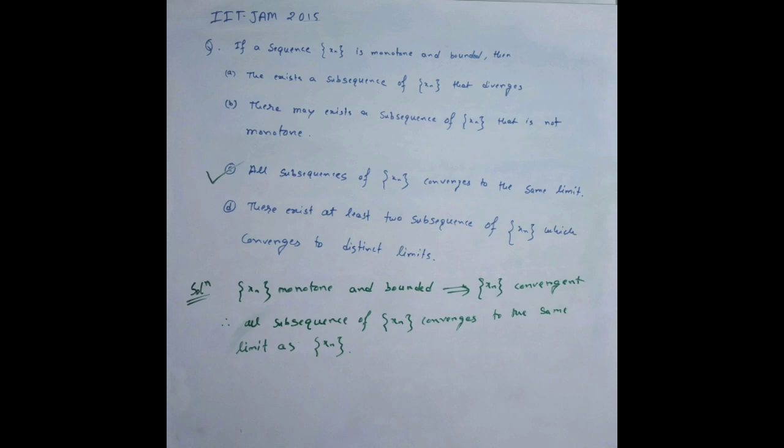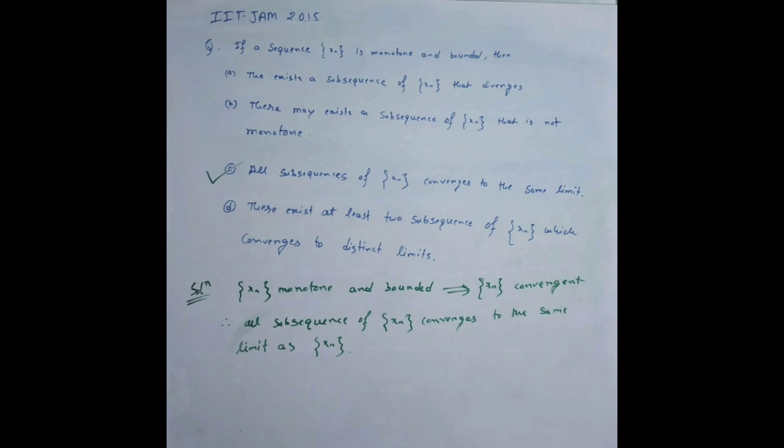Let us explore the other options. Option A, there exists a subsequence of xn that diverges. So if xn is convergent, then all the subsequences are going to be convergent. So option A is wrong. Option B, there may exist a subsequence of xn that is not monotone. Since every subsequence is going to be convergent, it must be bounded and monotone.